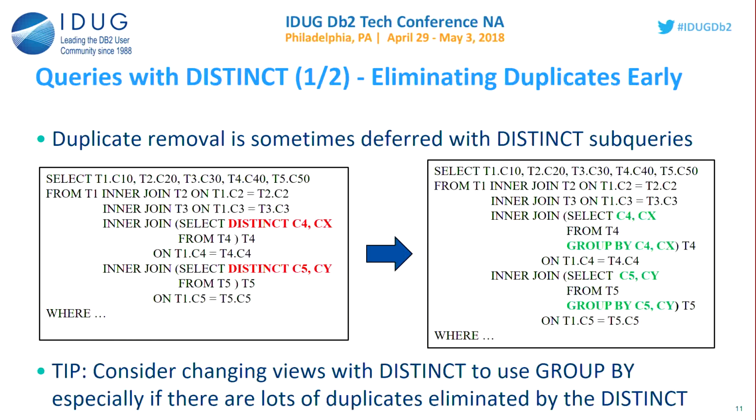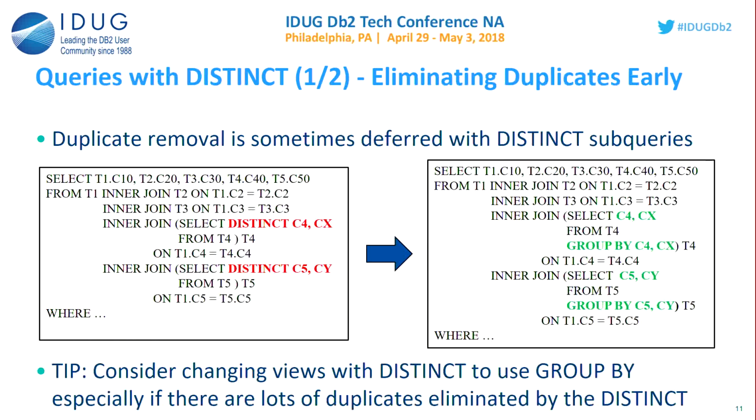So there are no opportunities to piggyback duplicate removal with some sort for merge join, nested loop join, or aggregation. So what I would recommend here for the time being is to change this distinct subquery into a group by. So you have the same columns.